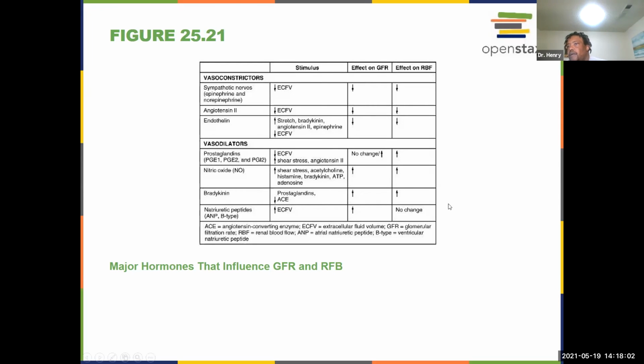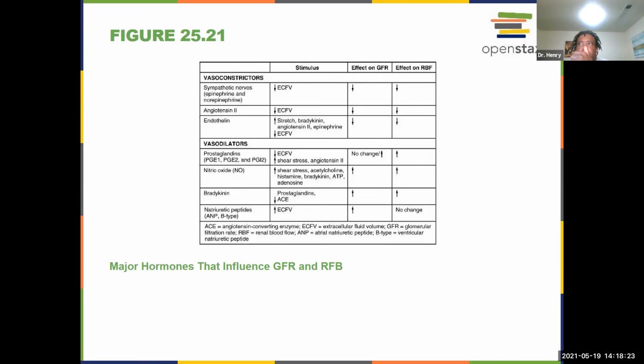In the case of our sympathetic nerve, epinephrine and norepinephrine are going to decrease the extracellular fluid volume.